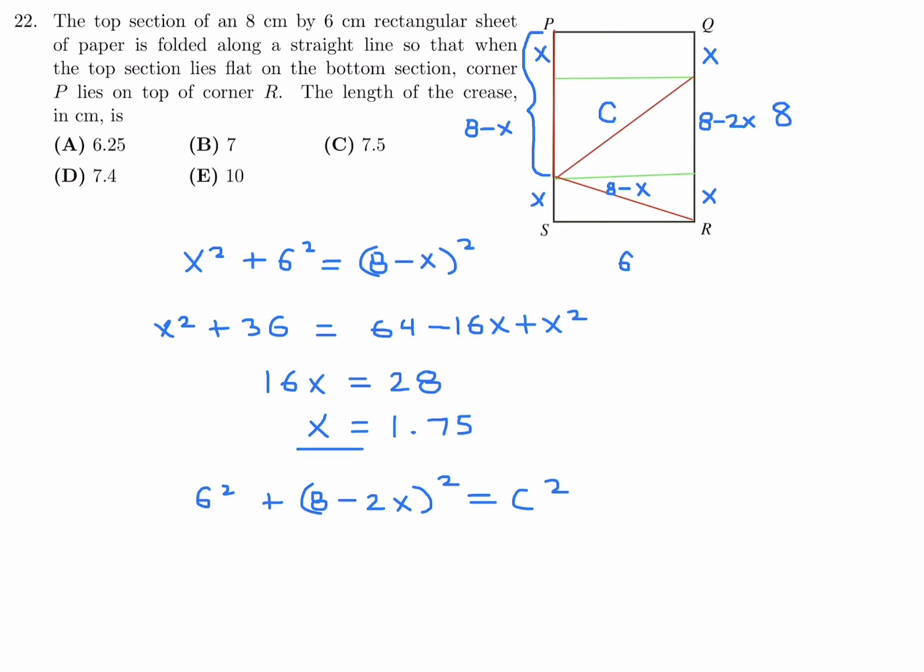So substitute x equals 1.75 into this, and we get 36 plus 20.25 when you square 8 minus 2x. And that's equal to c squared, so 56.25 is equal to c squared. And when you take the square root, you get 7.5. So the crease is 7.5, and that means number 22, the answer is C.